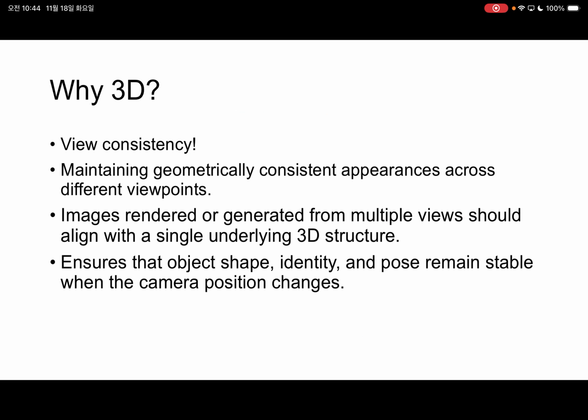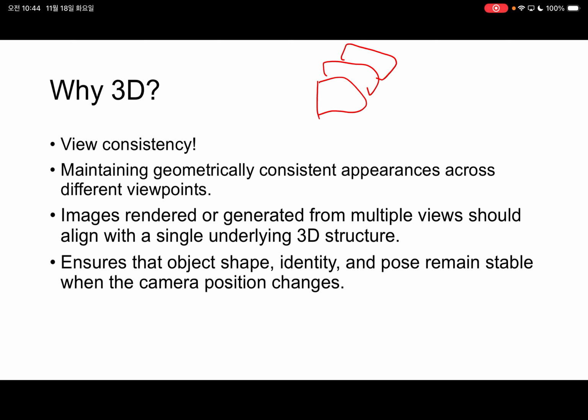But why do people want them in 3D space? Why not just do that in 2D space? We have RGB images, right? Maybe we can just insert or change color or change light in image space. Why do we have to take care of 3D space?